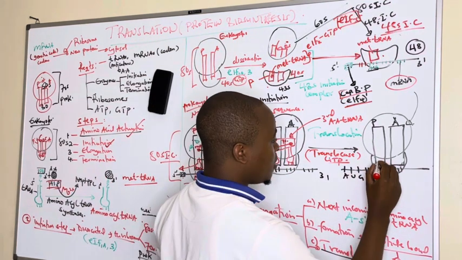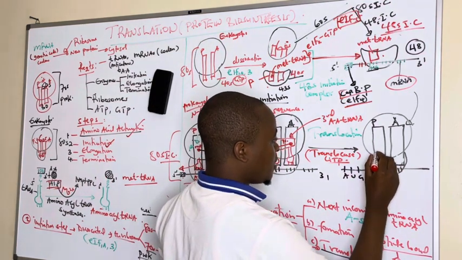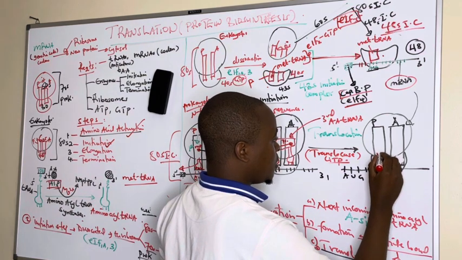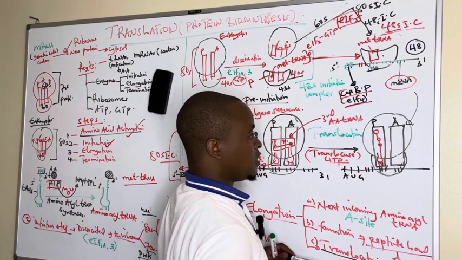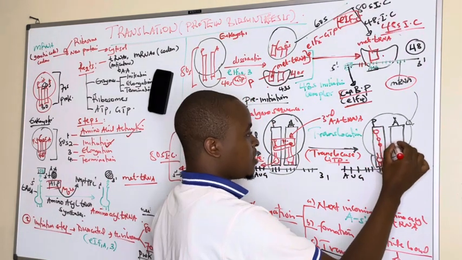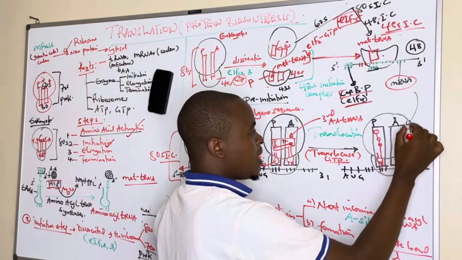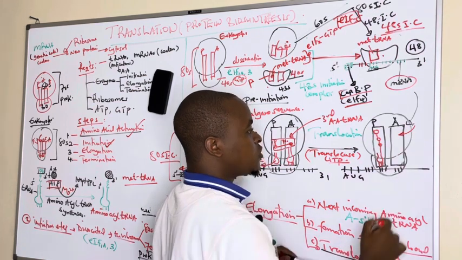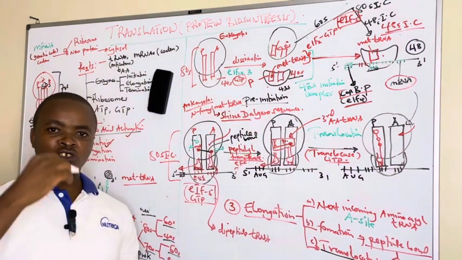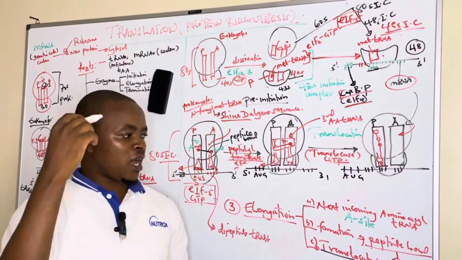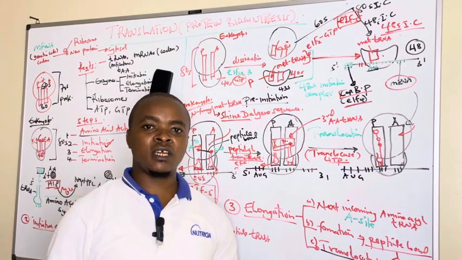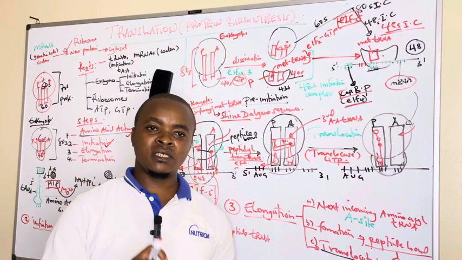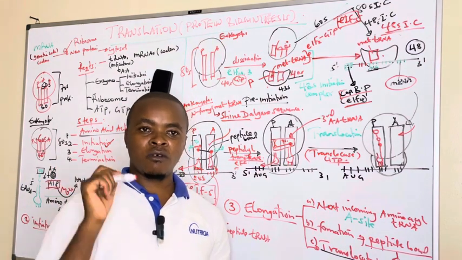We are going to have now our transfer RNA carrying 3 amino acids. Then we bring another one. This step of elongation continues repeatedly by the action of peptidyltransferase and translocase enzyme in the presence of GTP and elongation factor 1 alpha.